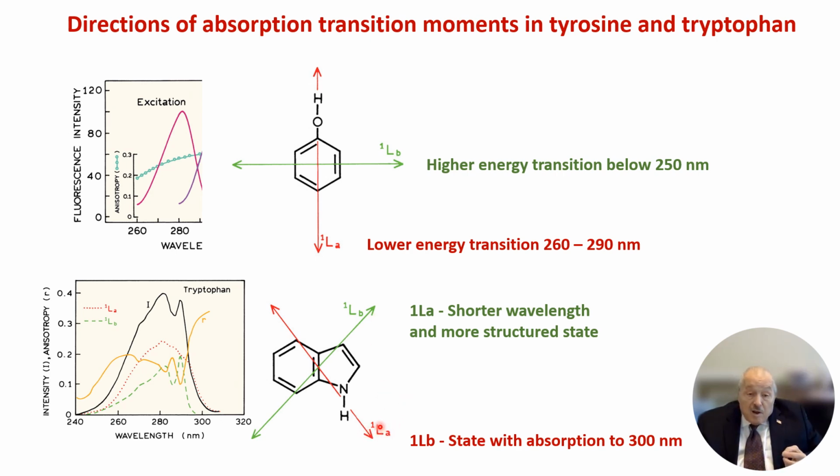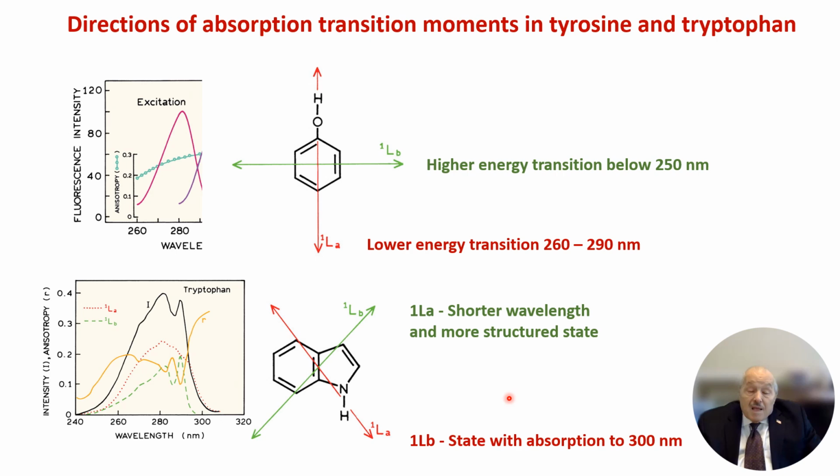And we have the 1LA state, which involves the nitrogen, and that goes along the axis going through the nitrogen. And that is probably what makes it a simpler state. As you can see, it's smoother here. And being lower energy, it absorbs at a somewhat longer wavelength.